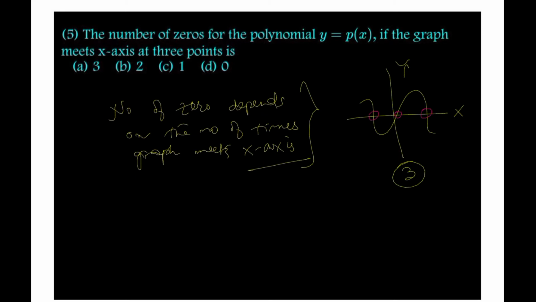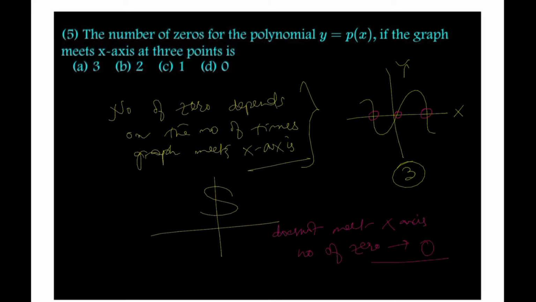Let's take another example. This is the x-axis, this is suppose the y-axis, and this is the graph. Here you can see there is no point where the graph meets the x-axis. So the number of zeros in this case will be 0.